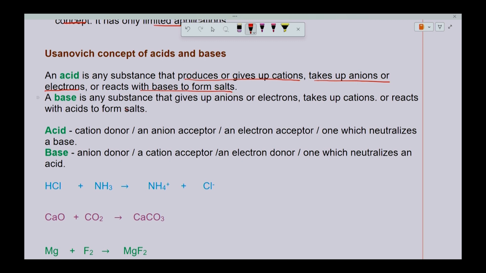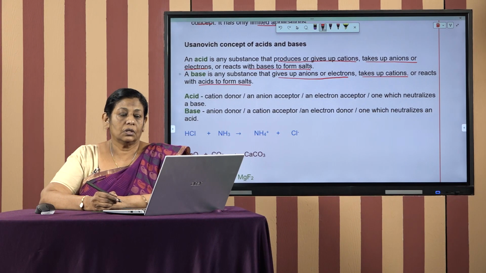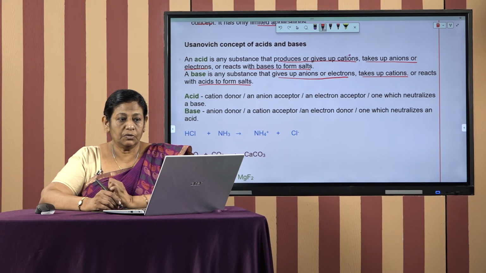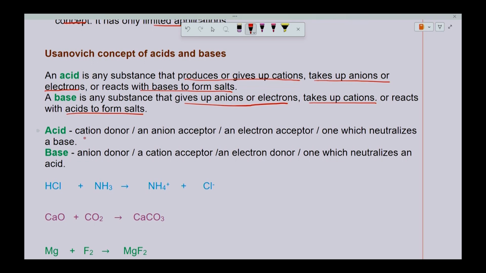So an acid can be considered as a cation donor, an anion acceptor, an electron acceptor, or one which neutralizes a base.